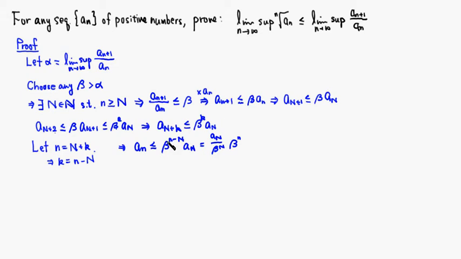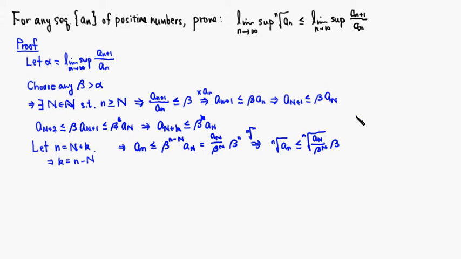What we're going to do is take the nth root of both sides. Then the nth root of a_n is less than or equal to the nth root of a_N over beta to the N, times the nth root of beta to the n, which is just beta.